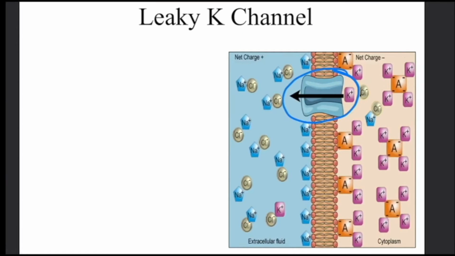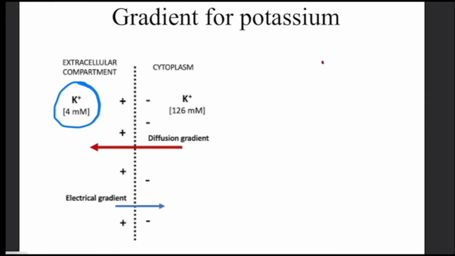I already mentioned the leaky potassium channel. Here is a potassium channel through which the potassium is moving outside, but the anions are accumulating, and that will produce an inside negativity. Hope this is clear. So this is the cell. Inside contains more potassium, approximately 140 milliequivalents.